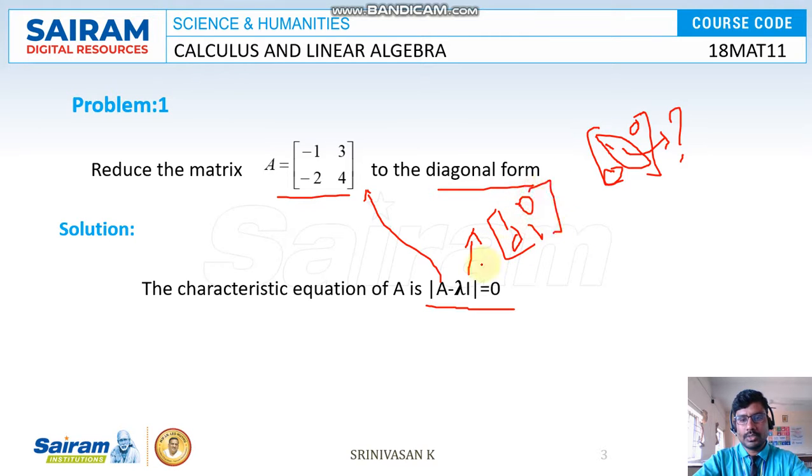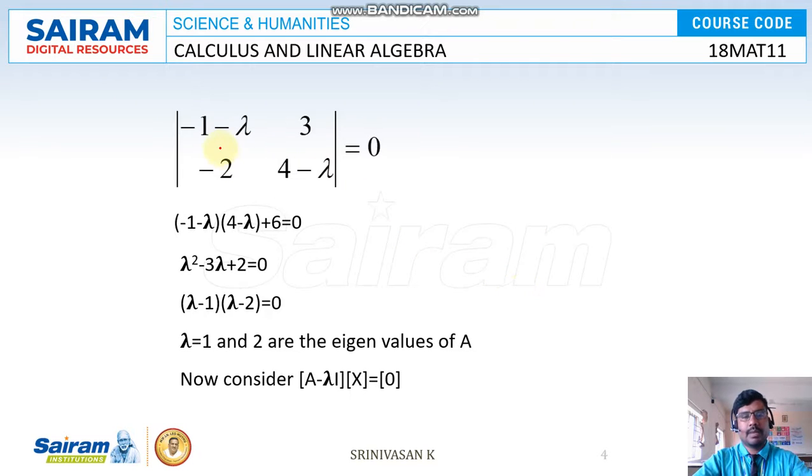Substituting, we get determinant of [-1 minus lambda, 3; -2, 4 minus lambda] equal to 0. By normal multiplication we get (-1 minus lambda)(4 minus lambda) plus 6 equal to 0. Simplifying, we get lambda square minus 3 lambda plus 2 equal to 0.